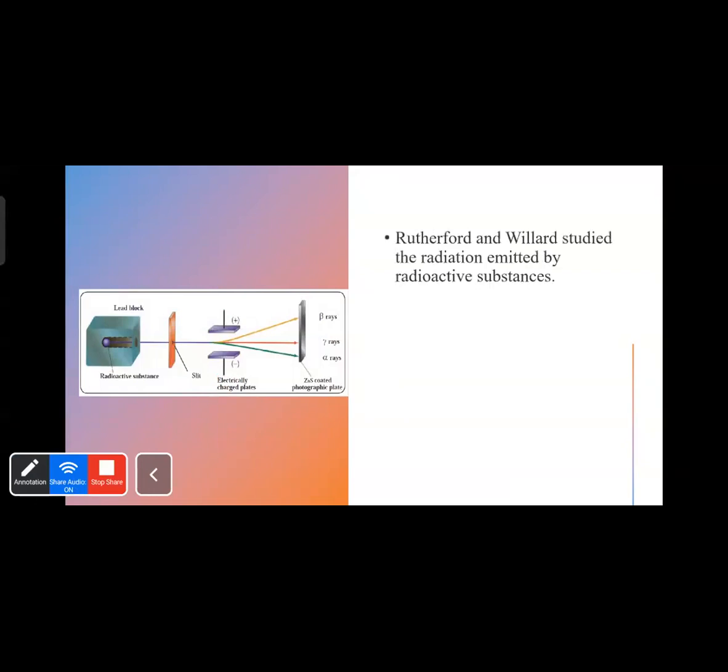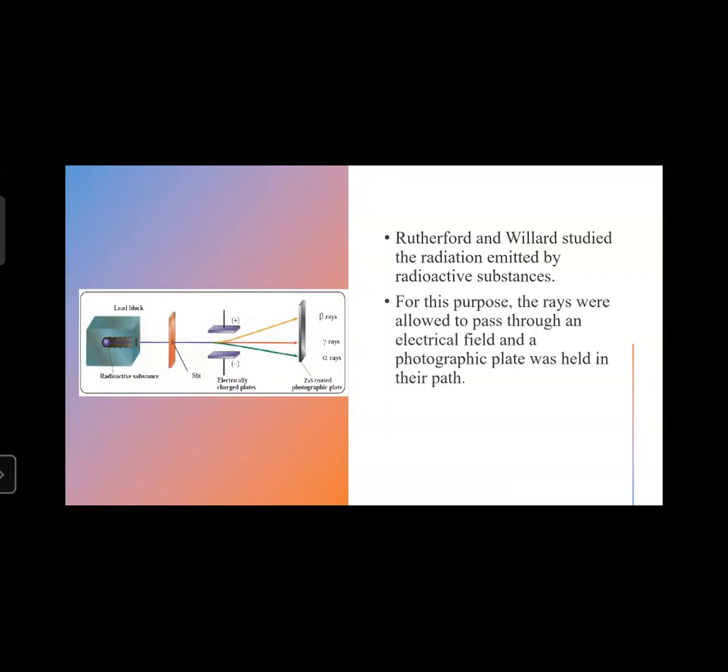Now, Rutherford and Villard studied the radiation emitted by radioactive substances. For this purpose, the rays were allowed to pass through the electrical field created by these electrical plates, and a photographic plate was held in their path.